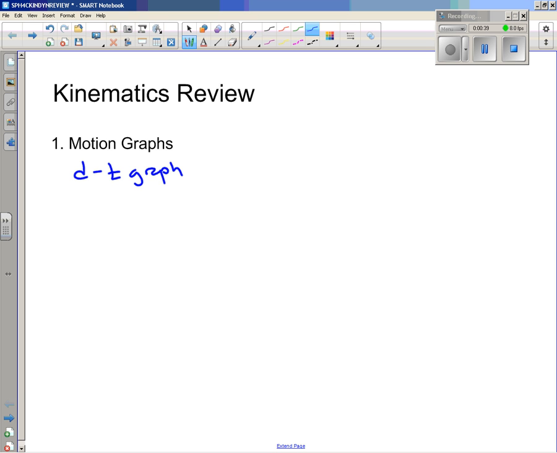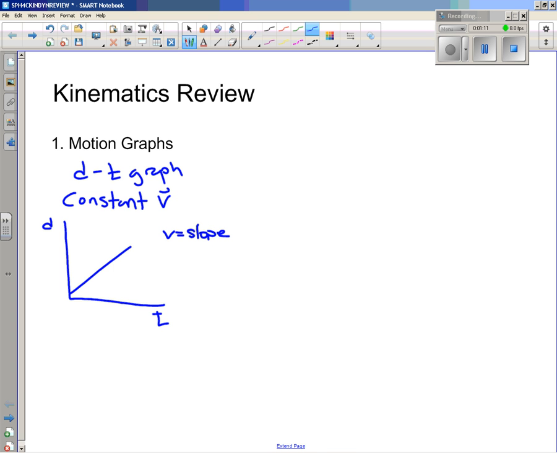And the two types that we studied were constant velocity, and they always look something like this. Position is always on the y-axis, time is always on the x-axis, and a constant velocity graph always gives you a straight line. And from that straight line, you can get the velocity. V always equals the slope of that line.